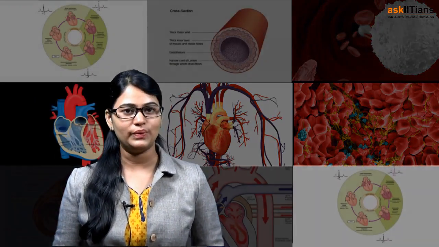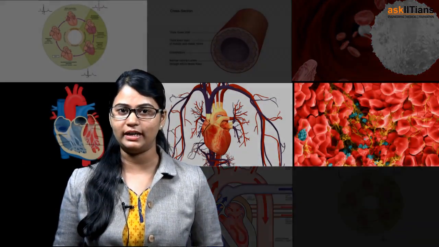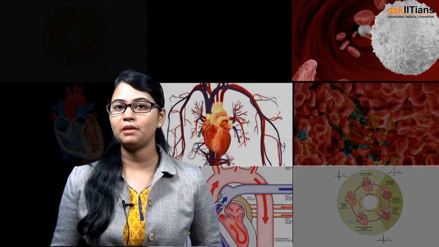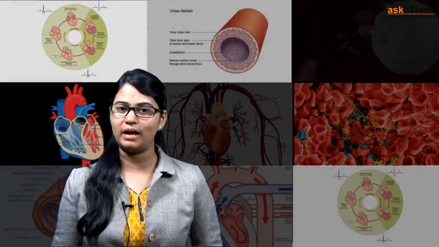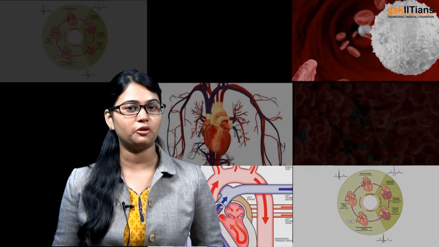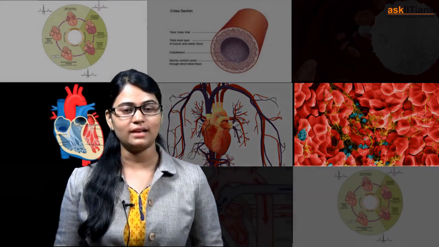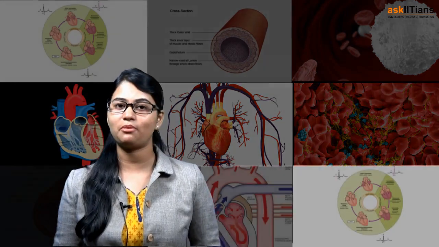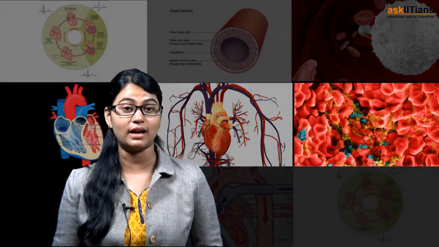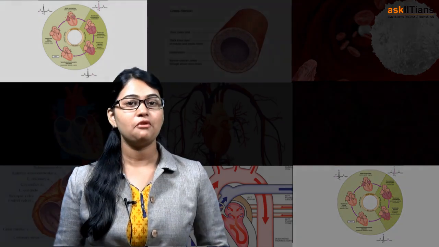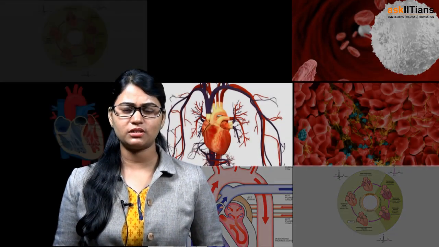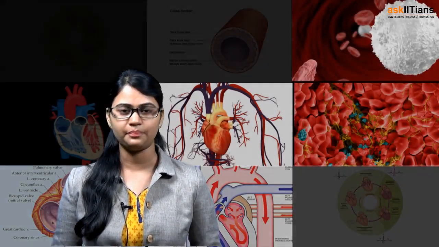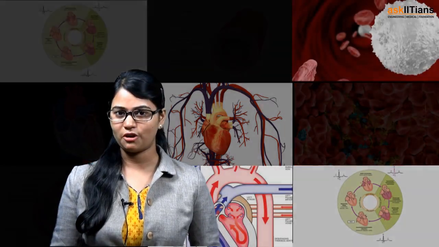In our first part, we studied about the blood components like plasma, WBCs, RBCs and platelets. In the second part, we studied about the 4 blood groups: blood group A, blood group B, blood group AB and blood group O. In our next part, we studied the process of coagulation of blood, how prothrombin, fibrin, various clotting factors, platelets, RBCs and WBCs were taking part in the process of clot formation.